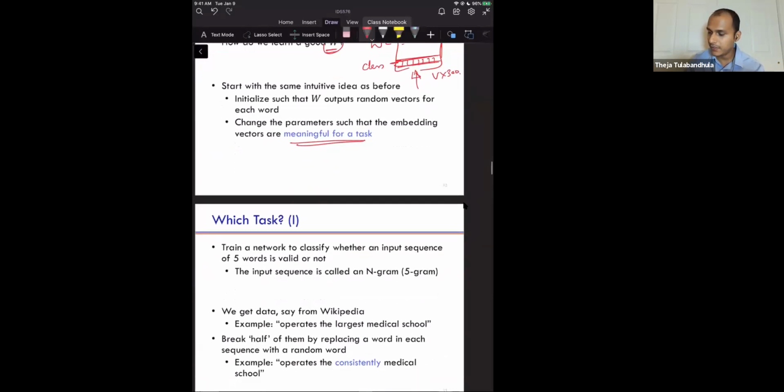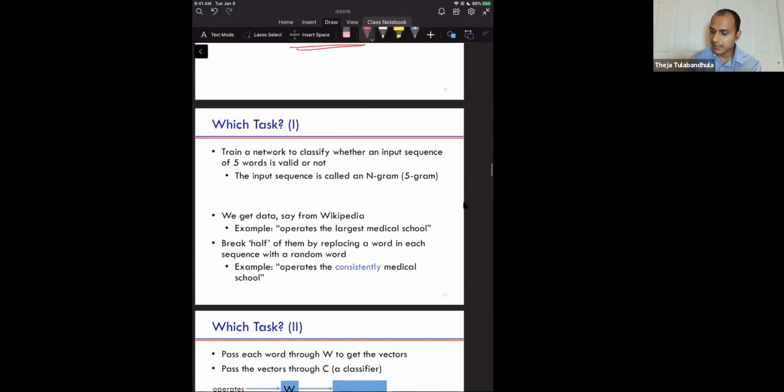Okay. So here's one example task. The task will be to classify whether an input sequence of 5 words is valid or not. Remember, we want to get a semantic similarity between words. Let's say our training data is a bunch of sentences, which means essentially sequences of words.